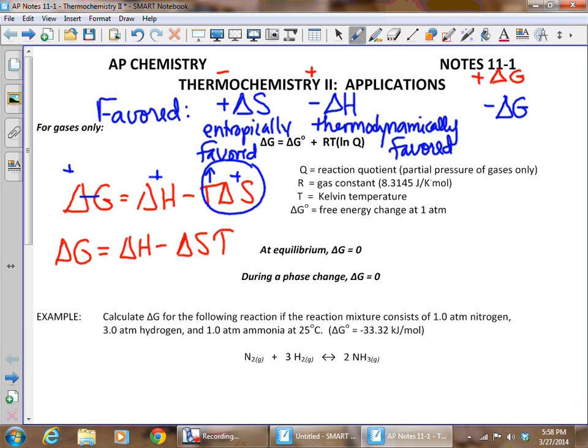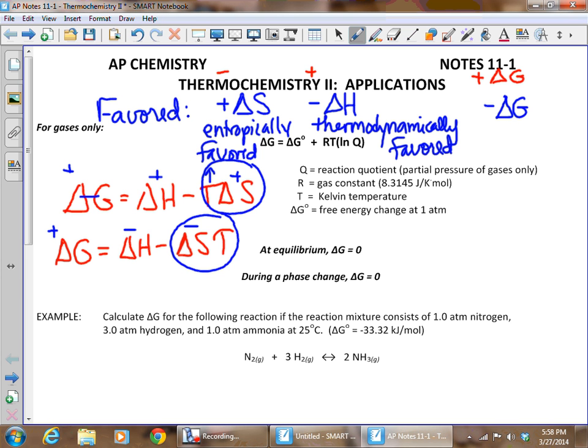On the other hand, if we have a negative delta H and a negative delta S, and because of that we have a positive delta G, what that means is that when we subtract that negative term, this term right here is too large.